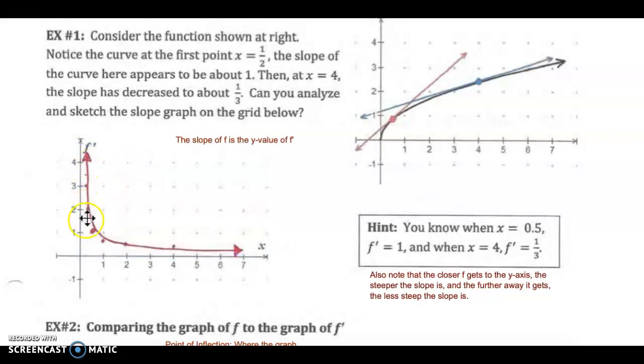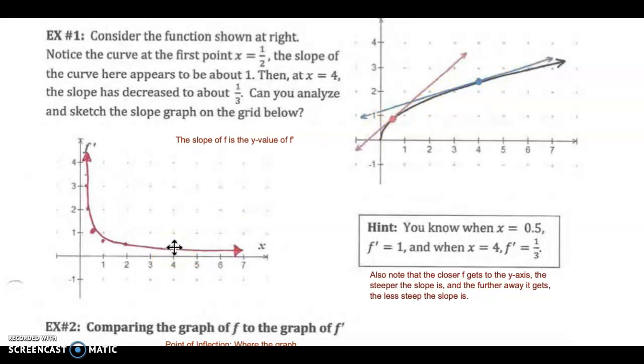Okay, so at 0.5, right here, our slope is 1, and at this one it just happens to be the same point. It's not always going to be like that, but at 1/2 our slope here is 1, so that's where that point goes. Okay, and at 4 our slope we said was about 1/3, so here is (4, 1/3) as an ordered pair.